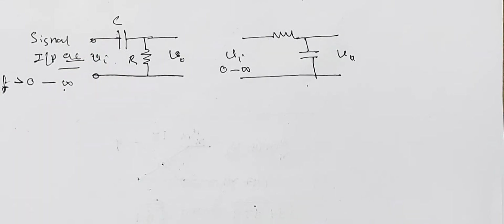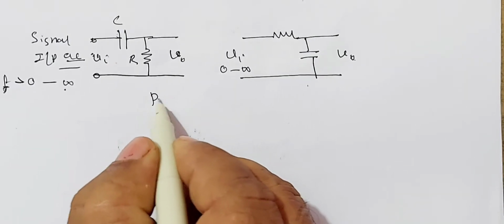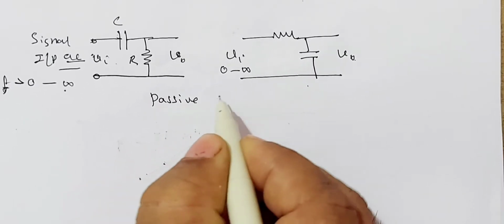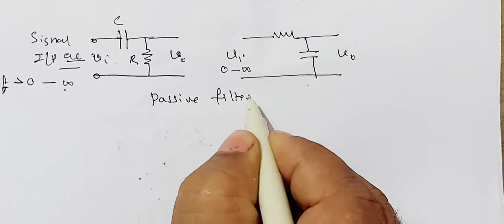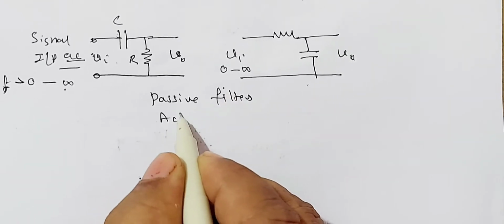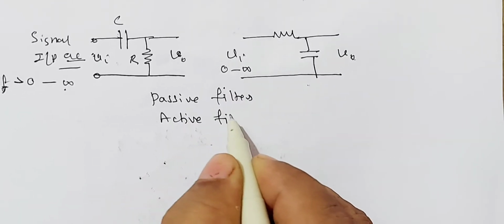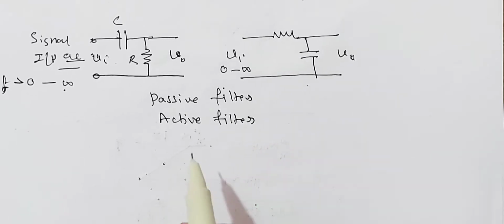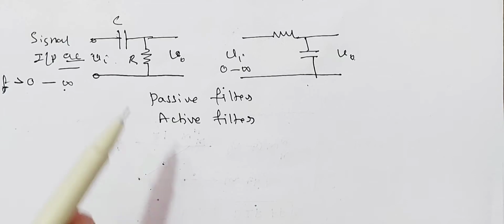Again, the filters are classified into two types: passive filter and active filter. We know that capacitor and resistor components are passive components.